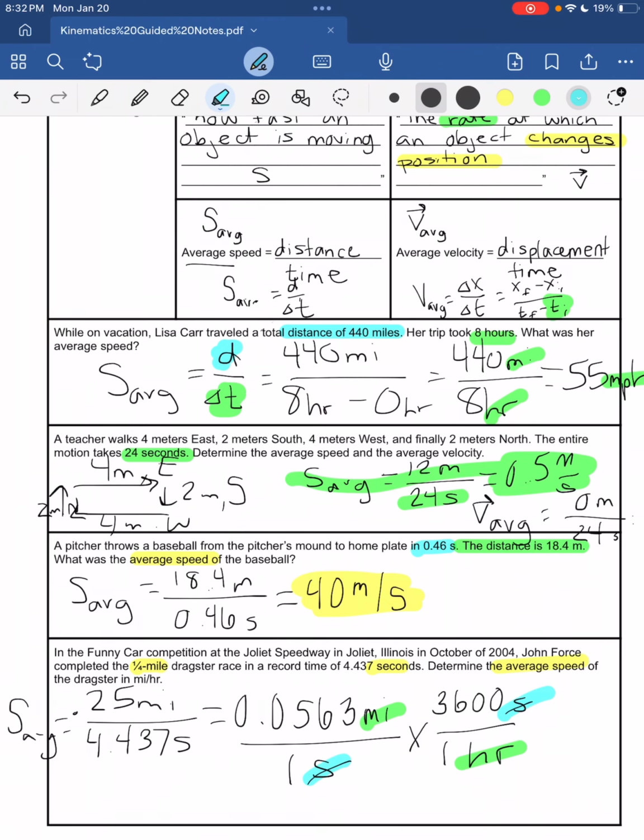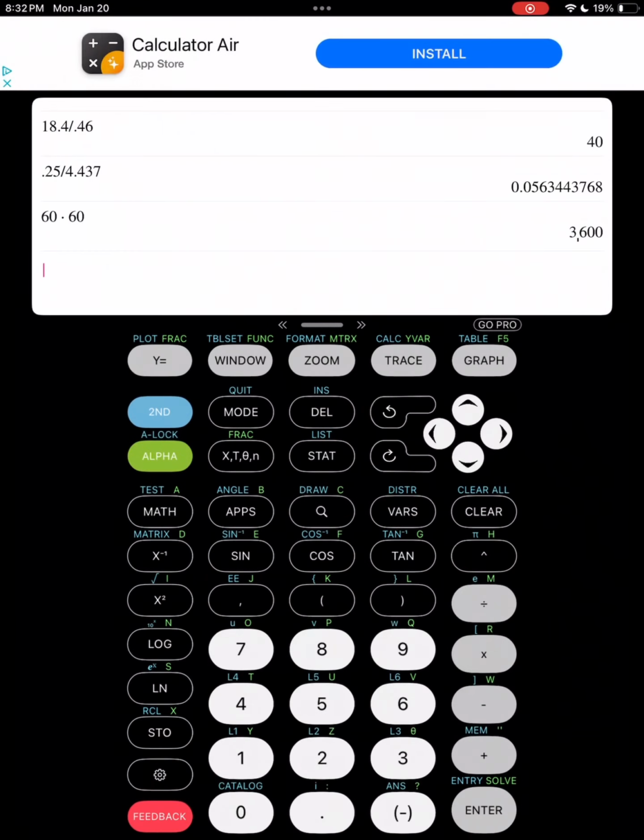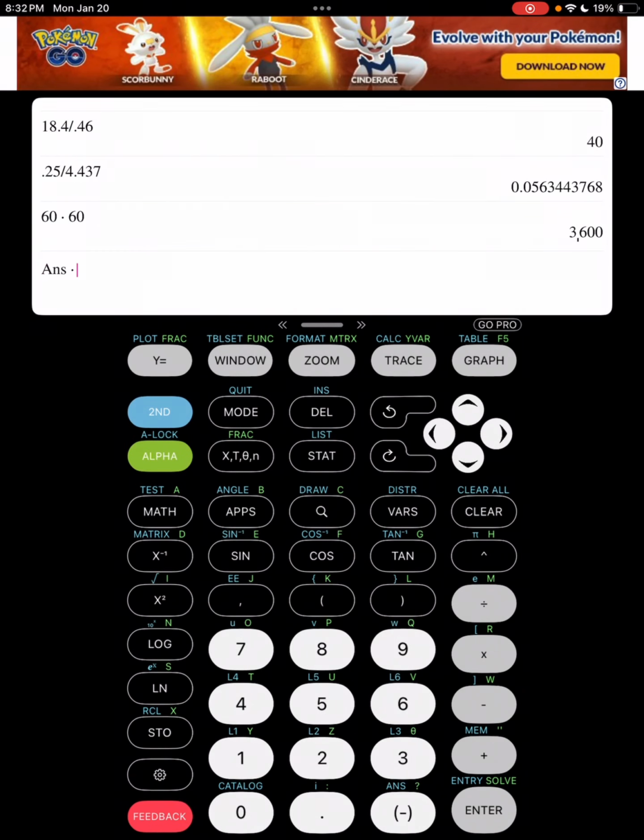So I know I'm going to have units I've highlighted in green. That's what I want. So I'm going to take that 0.0563 number and multiply it by 3,600. 0.0563 times 3,600 is 202.68.